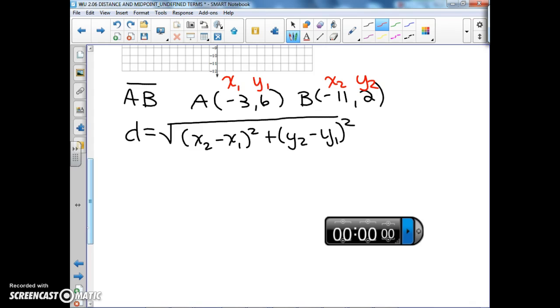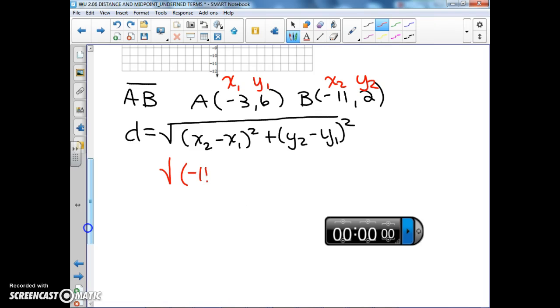Now I'm just going to plug them in their correct spaces. X2 is -11, so -11 minus x1, which is -3. If I have minus a -3, that should change it to plus 3, because two negatives will make a positive. Let me show you that.